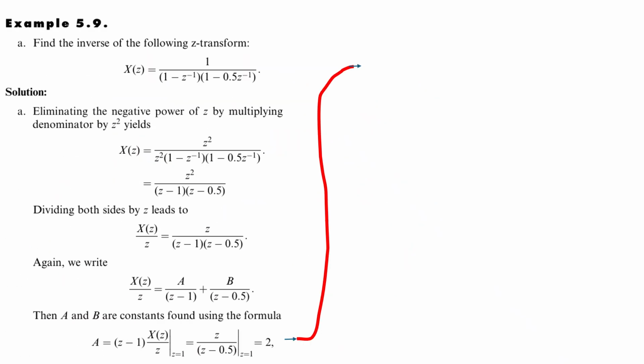Now we'll see how to solve it using the partial fraction method. So now see X(z) is here, and it is difficult to remember the z transform of this particular function. So we can break it, right?